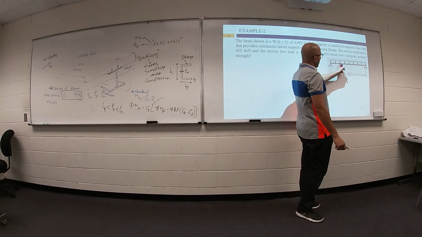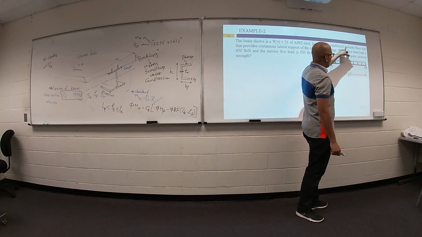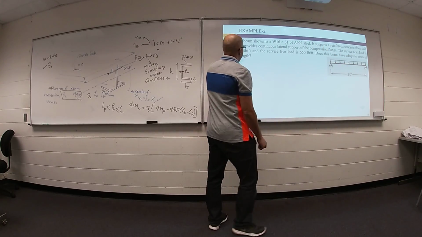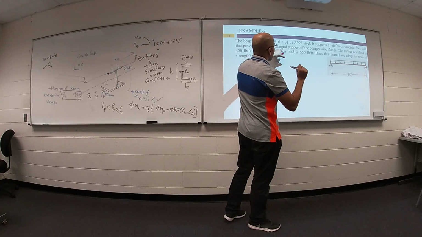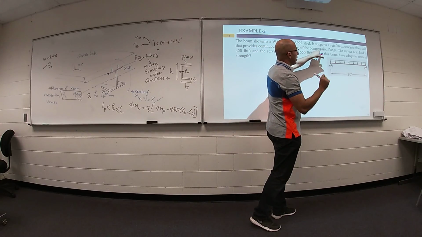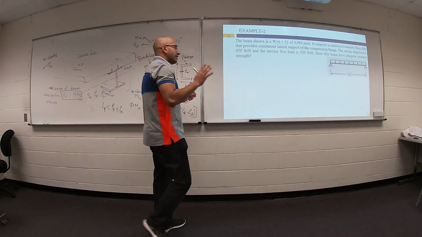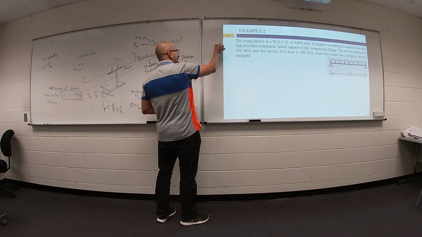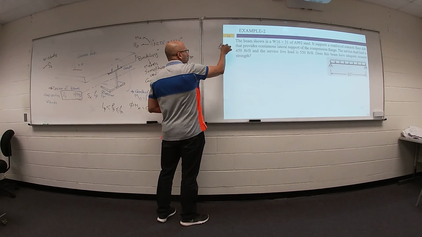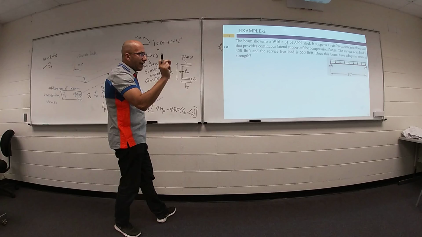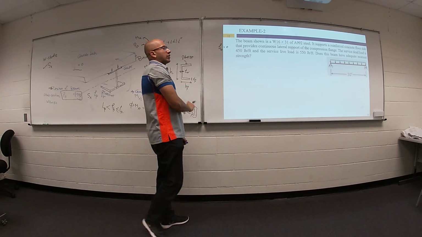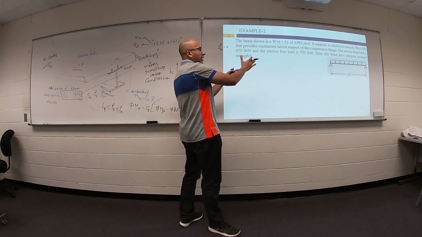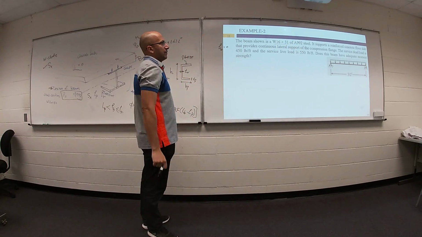This beam supported reinforced concrete floor slab that provides continuous lateral support of the compression flange. That means your LB equal 0. Every single inch of your compression flange is supported by concrete floor slab.